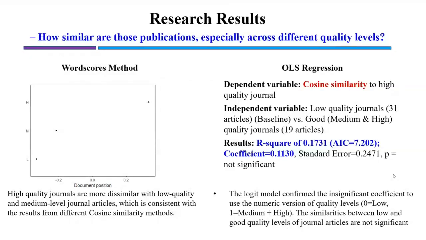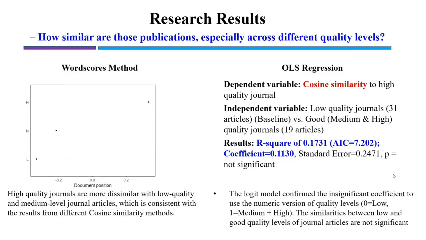So then in the end, we put all the high quality, medium quality, and low quality journals, and we try to compare whether their scores are similar or not, how far apart. So as you can see, the high quality ones really go in a different direction compared with low and medium. So median and low ones are closer to each other. So that is also, I think, interesting.